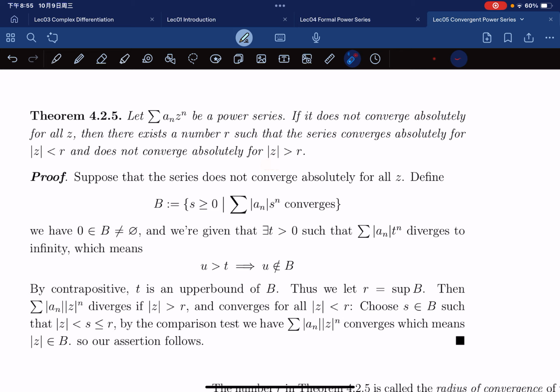And the proof: suppose the series does not converge absolutely for all z. We define B to be the set of all non-negative numbers such that this converges.